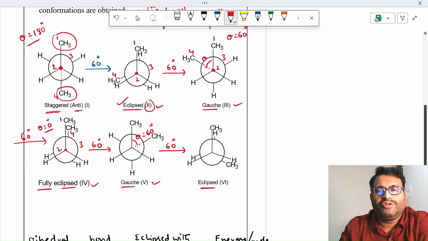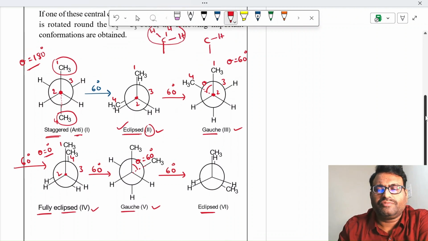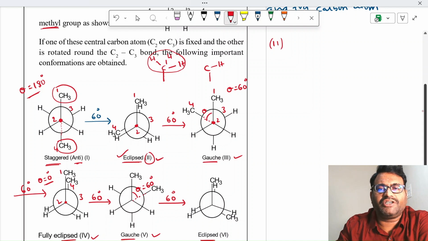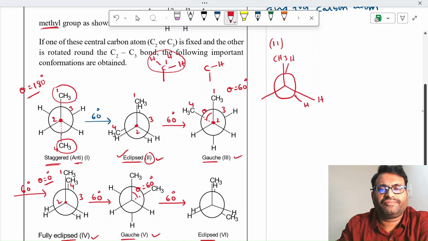Okay. So let us see this eclipsed, second conformation. In the second conformation, what are you finding? We are finding CH3 and H, H and H, and CH.